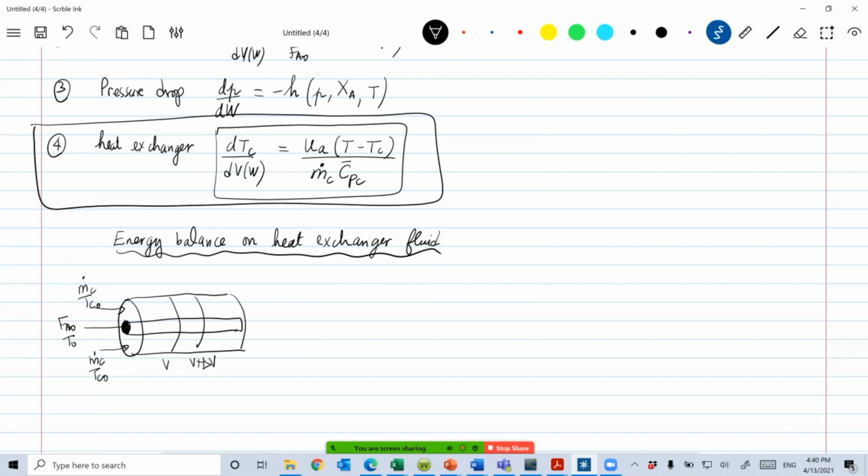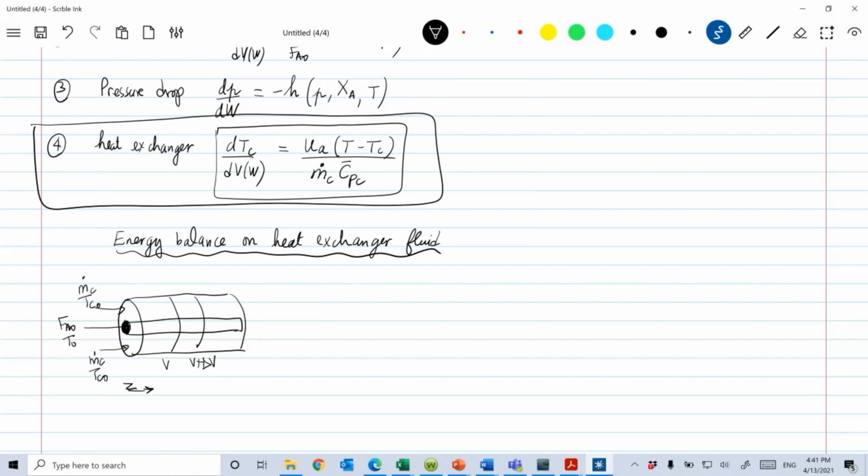The one thing in this class we are not dealing with is reaction and heat transfer, the gradients in the radial direction. So things are only going in the z-axis, going down this path. So it's one dimensional.